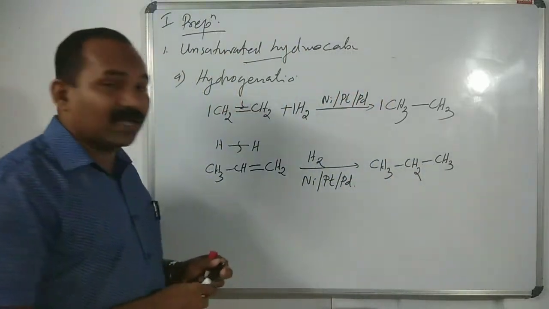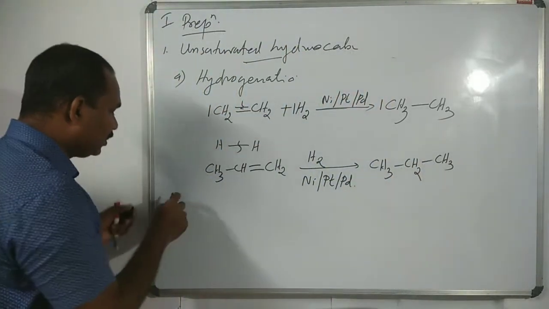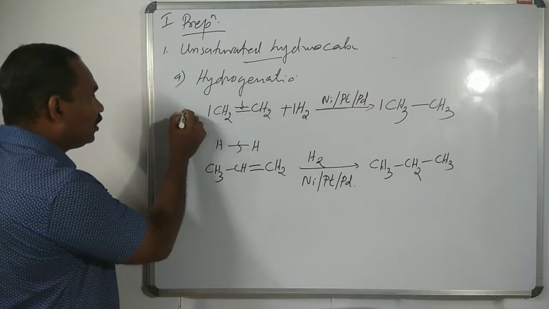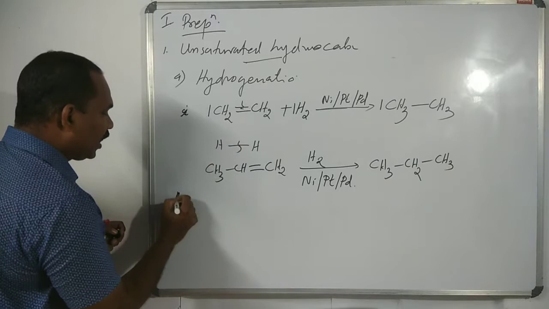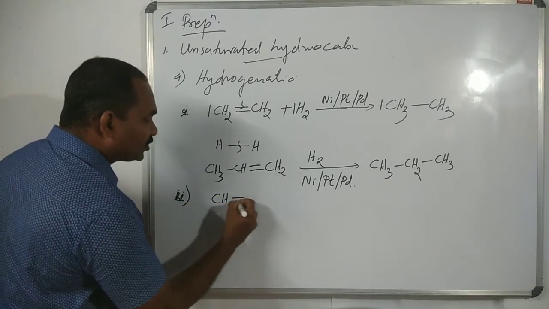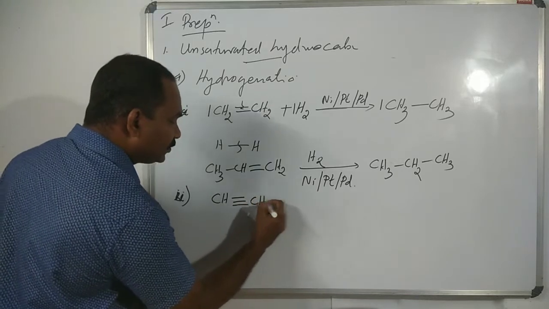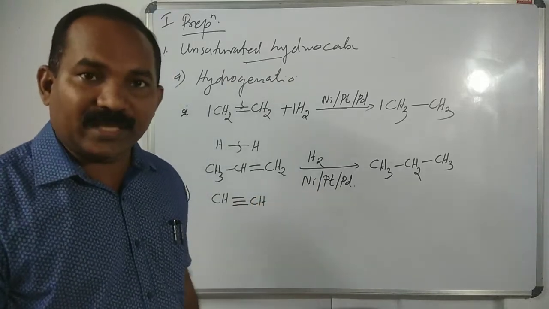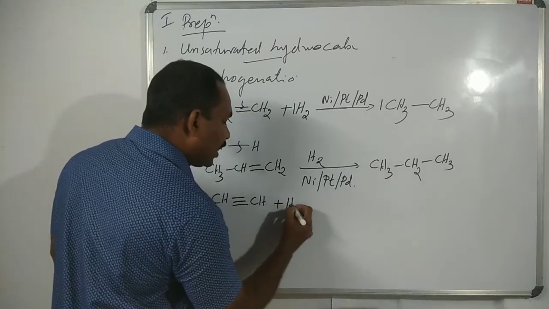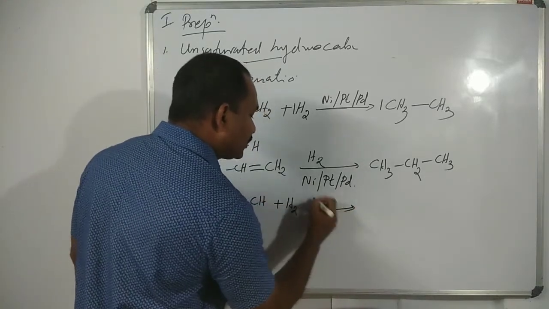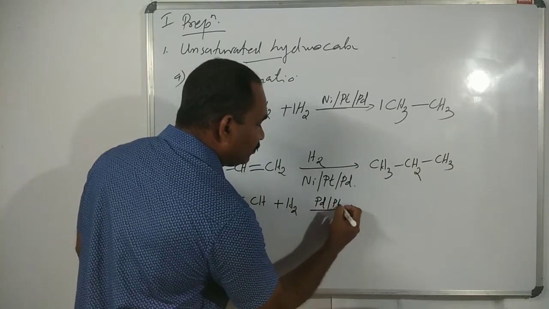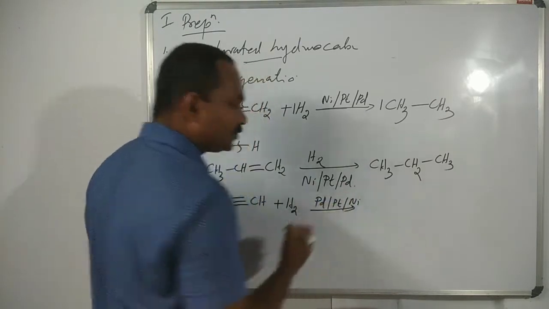The next we take alkynes. So this is one preparation from alkene; next is alkyne. CH triple bond CH plus H2 in the presence of these catalysts, palladium or platinum or nickel.